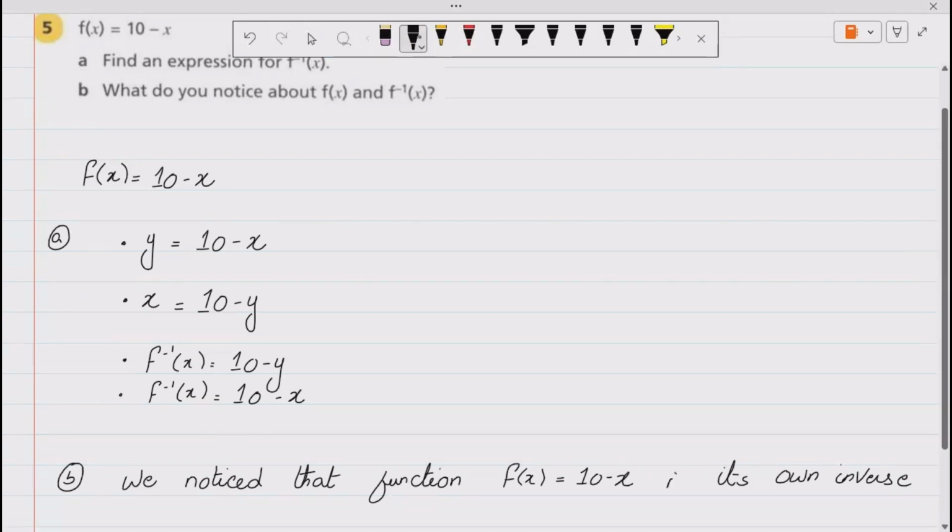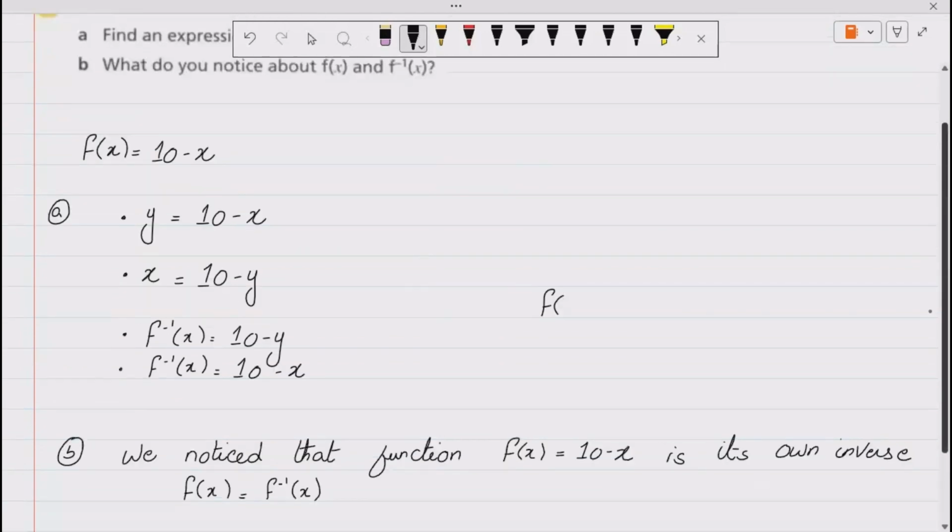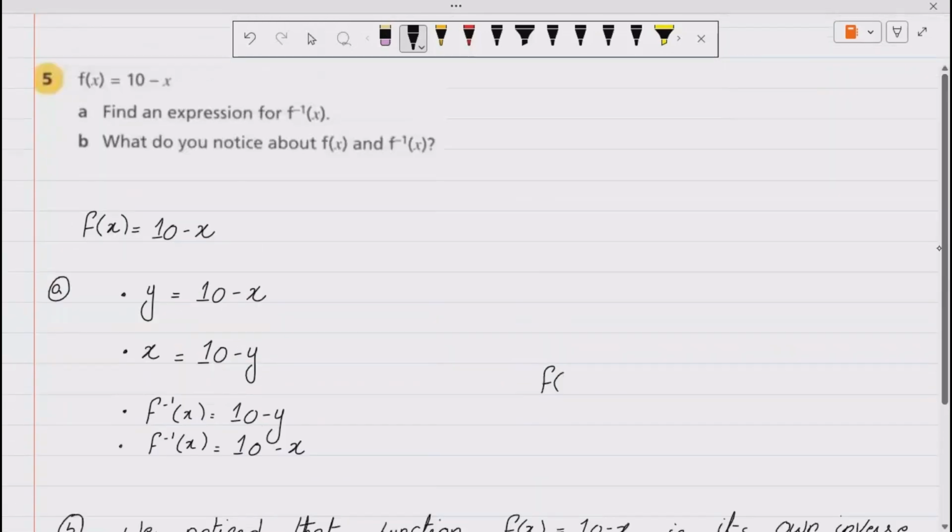So function f is a function whose inverse is also the same function. Here you can also write the line f of x equals f inverse of x. So this is the function which has this quality.